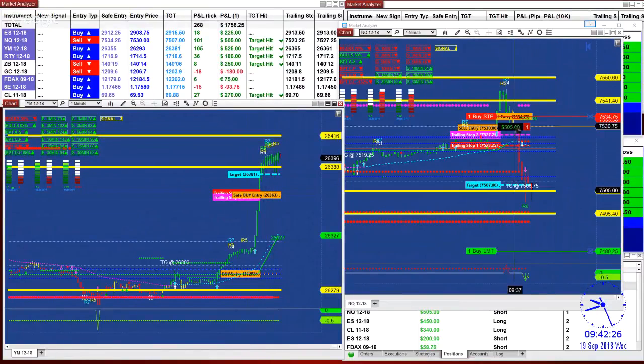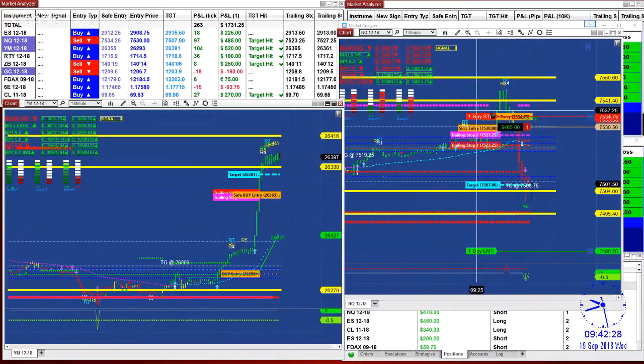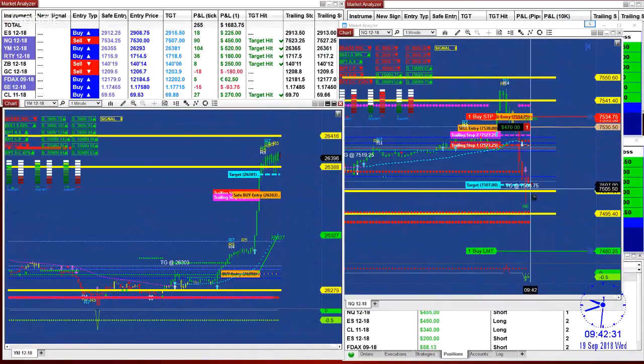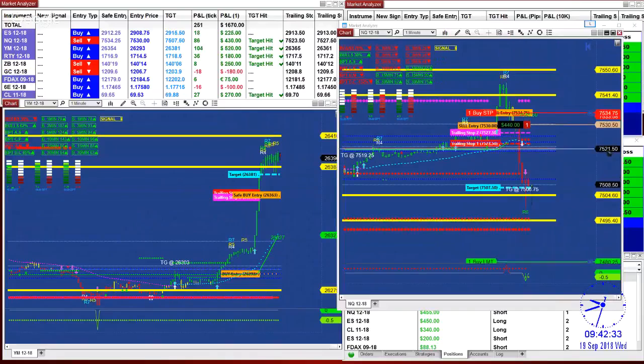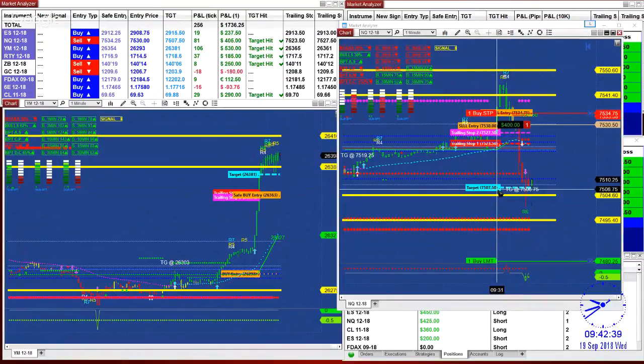The same thing right now. Immediately when the new signal came out, the auto trade on the Nasdaq took that trade, and if we notice, it hit the targets by itself. It's always calculating the targets for you. The difference with the market analyzer is that it gives you an entry, target, exit, done.